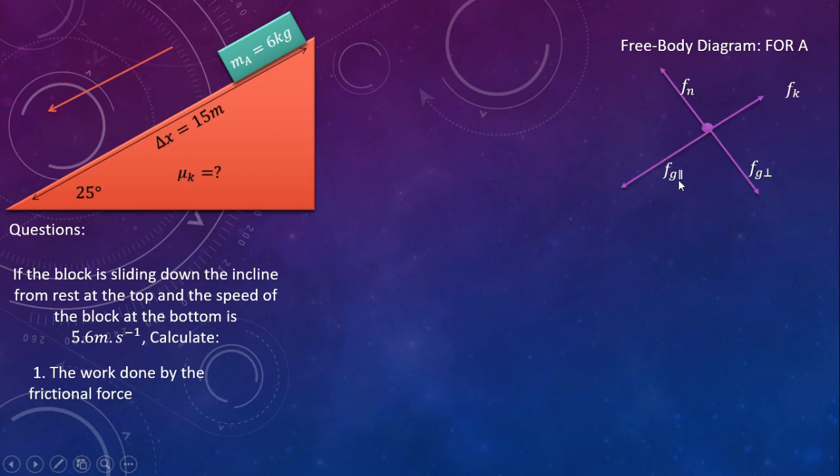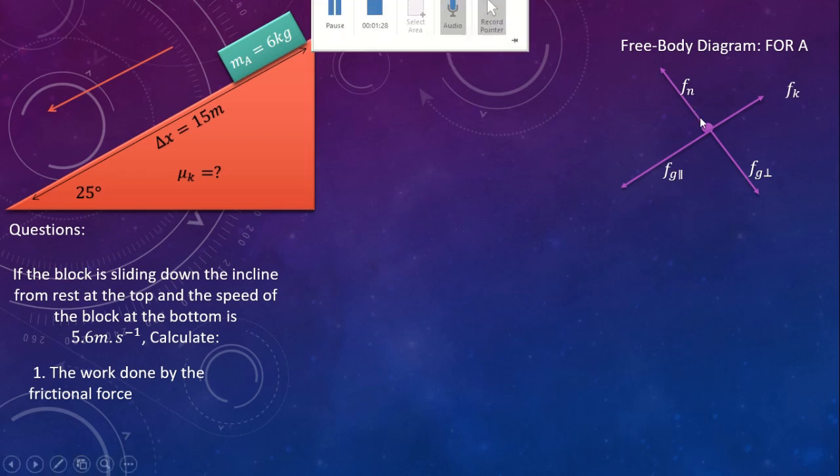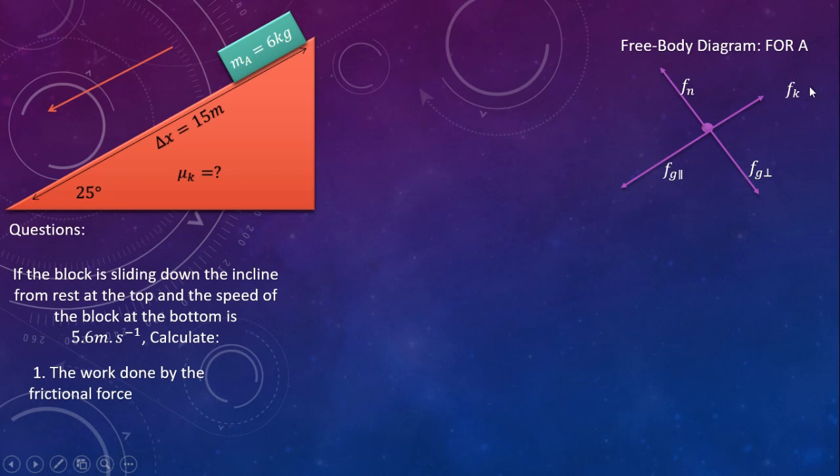Gravity is a conservative force, and frictional force is a non-conservative force. So whenever we have one non-conservative force and a conservative force acting on a system, we can just calculate the work done by the non-conservative force, which in our case is the frictional force, by using that theorem.